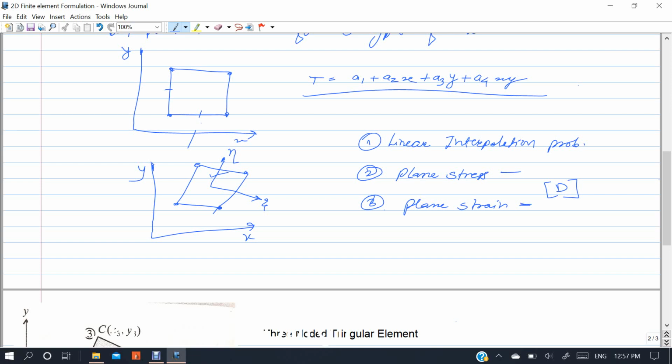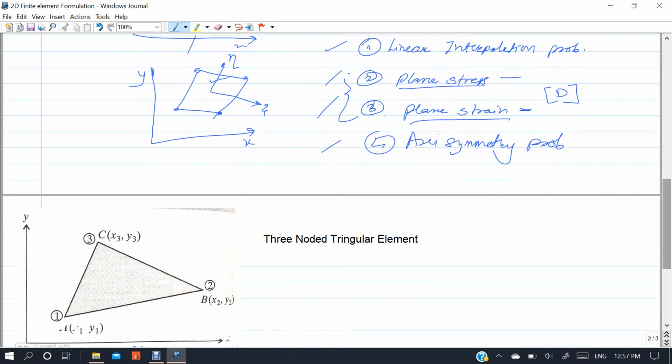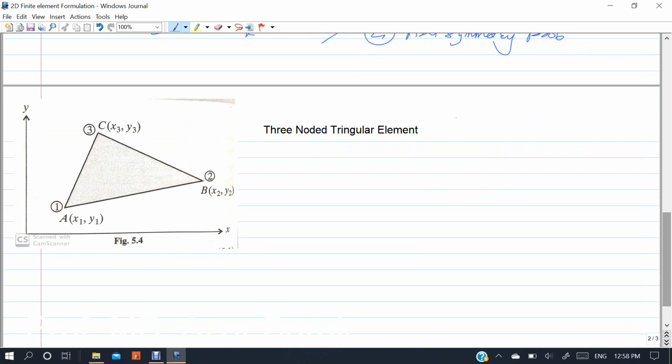At that time I will tell you the equations for plane stress and plane strain. And the fourth one is axisymmetric problems. So in this unit there are four types of analysis we are going to see. First of all, we will start with the simple three-noded triangular element method.